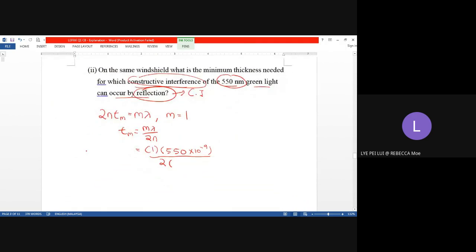You substitute 1.35, and you get the answer 2.04 times 10 to the negative 7 meter. You can keep it in standard form, otherwise we can put it in terms of nanometer: 204 nanometer. Either is acceptable.